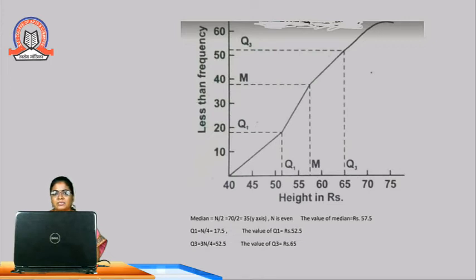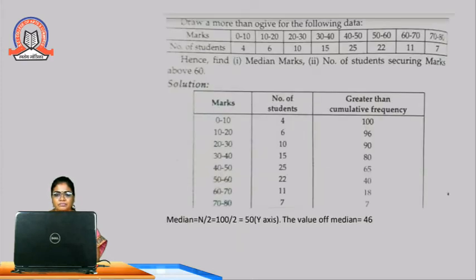Where it meets the x-axis, that point is the median. Q1 equals n by 4, that is 17.5. Following a similar procedure from the y-axis, we get Q1 as 52.5. Similarly Q3 is 65.